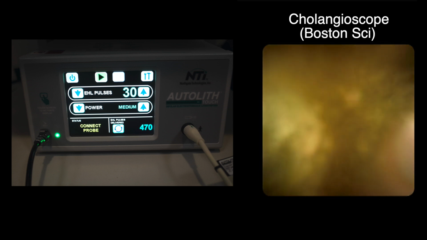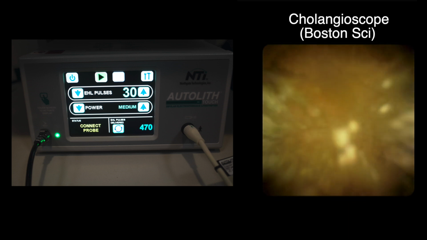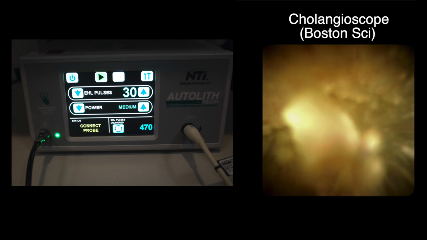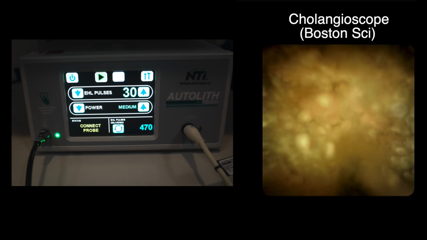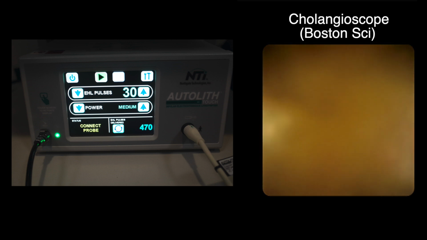Sometimes the views become cloudy as a result of floating particles of stone. Suction can be applied via one of the channels of the cholangioscope, and the saline can be exchanged to improve the views.